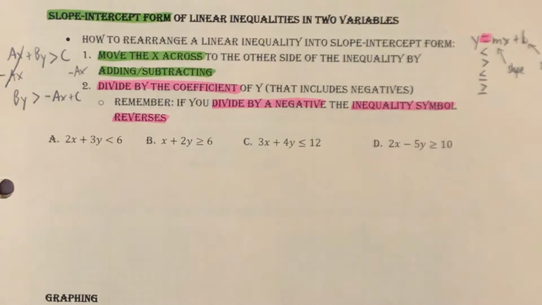Let's take a look at an example. Example A: we have 2x plus 3y is less than 6.